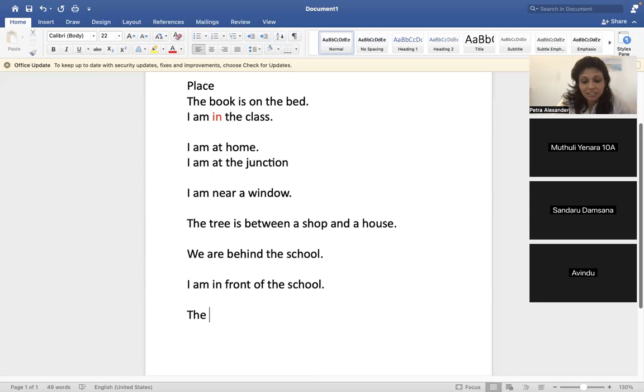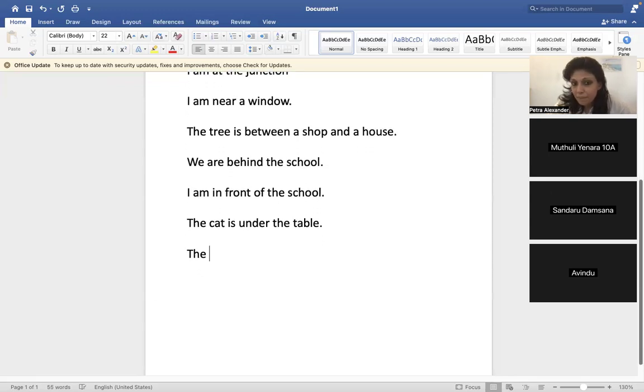Today we are doing the prepositions lesson. At the moment we are discussing, we started prepositions with places. Right. What are the others? Under. The cat is under the table. Teacher, can we use beneath? Yes, very good. Beneath is very similar to under. When we talk about 3D images, it's better to use under.